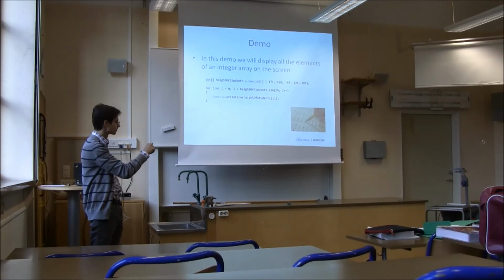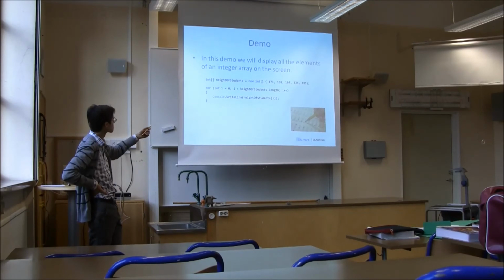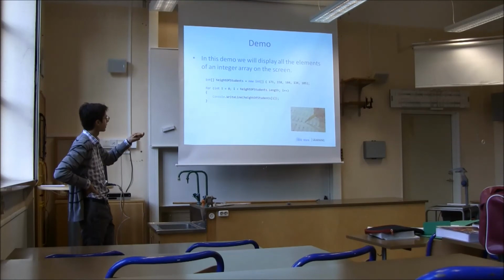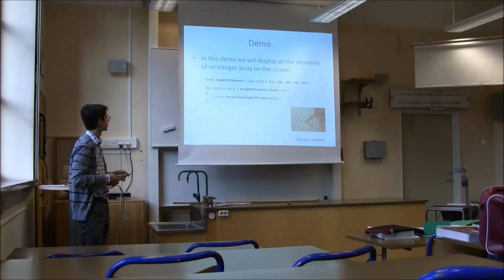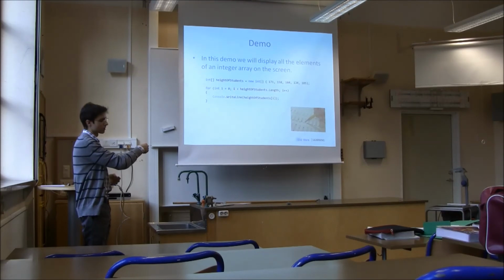No. Height of students dot length doesn't give you any of these values. It just gives you the amount of elements in the array, the count. And as you know, zero-based means start from 0 and go to 4.